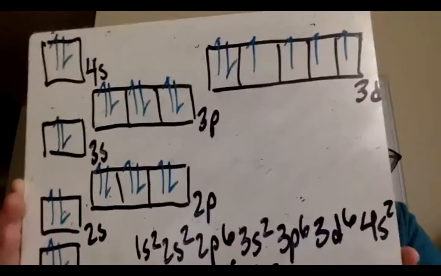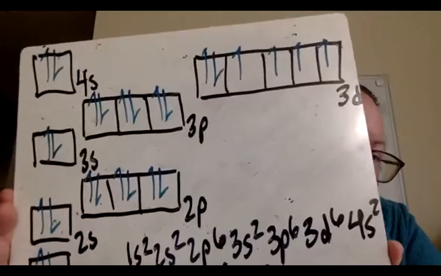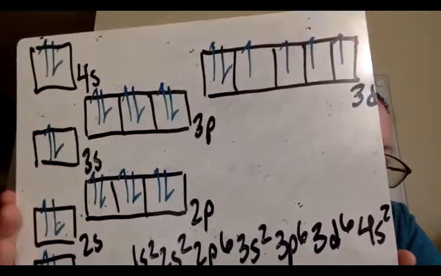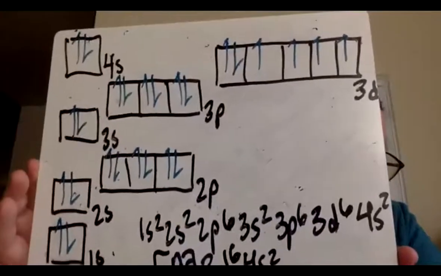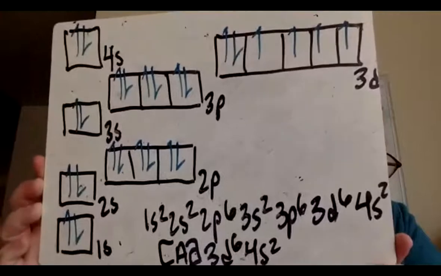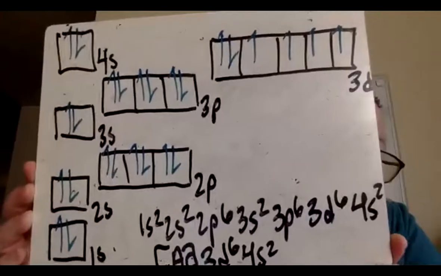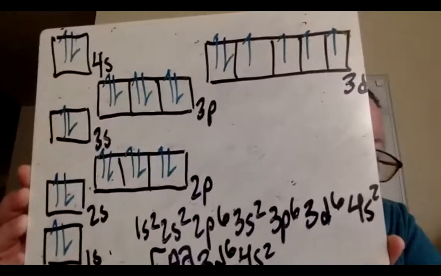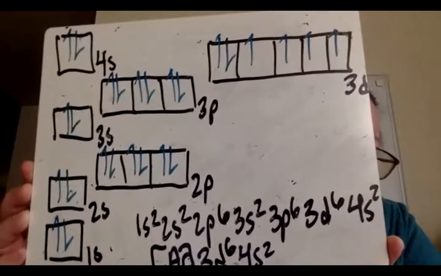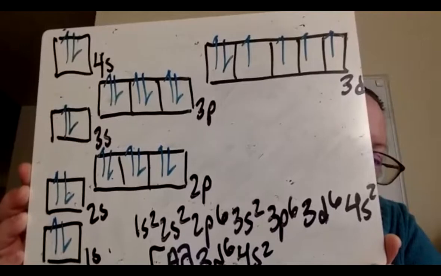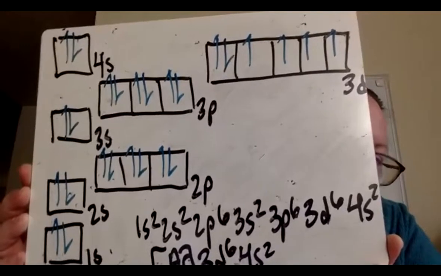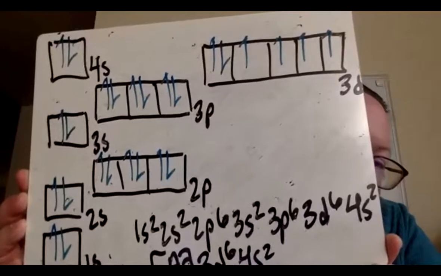Because if we look at the total number of electrons, we have 26, right? Yes. So we fill the 4s2 because we can fill that completely, and we want something that's completely filled because that's more stable. But we don't have enough electrons to completely fill the d. We only have 6 electrons remaining, and so we fill each of the orbitals with 1, and then our last electron we pair up.